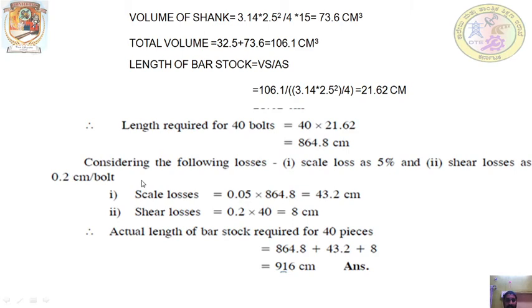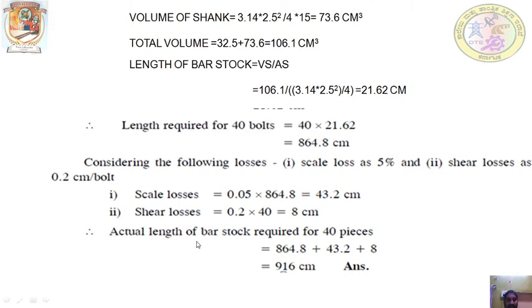So per bolt we are losing 0.2 centimeter, and we have to cut 40 such bolts. So 40 into 0.2 is 8 centimeter. The total shear loss will be 8 centimeter, and the scale loss will be 43.2 centimeter.